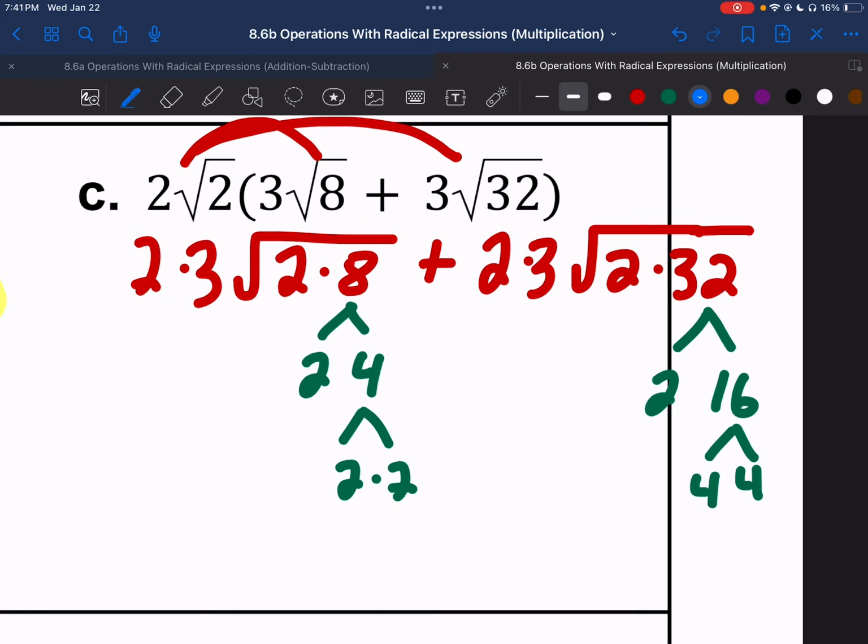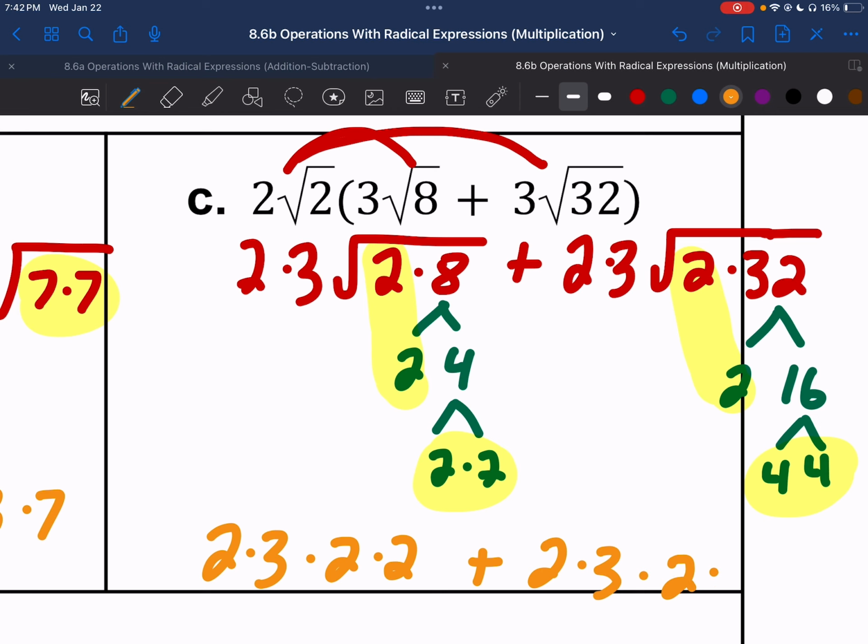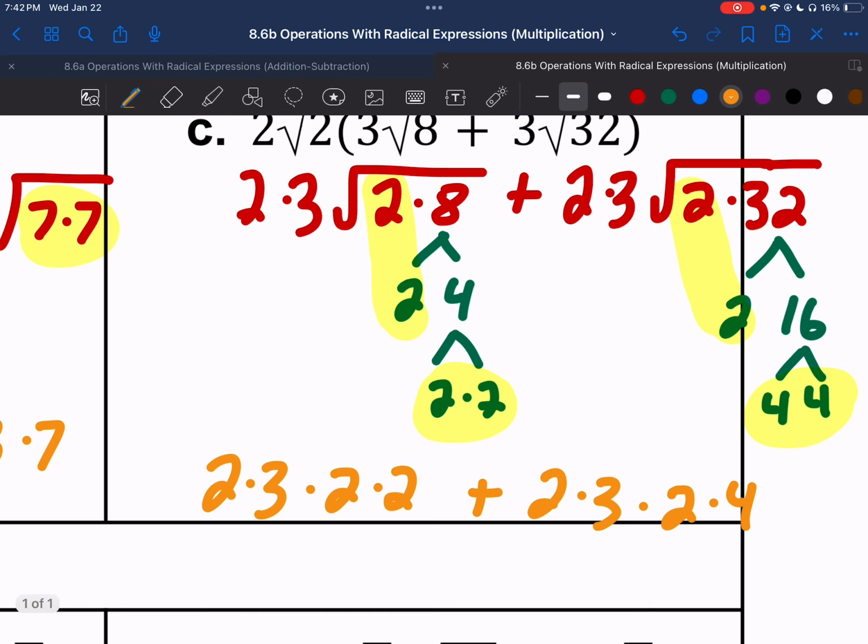All right, so now we need to extract our pieces. What are our common factors? Well, I've got one pair of 2's there. I've got another pair of 2's there. I've got a pair of 2's there and a pair of 4's there. So when I go ahead and do that, we have 2 times 3 times 2 times 2 plus 2 times 3 times 2 times 4. 2 times 3 is 6, times 2 is 12, times 2 is 24.